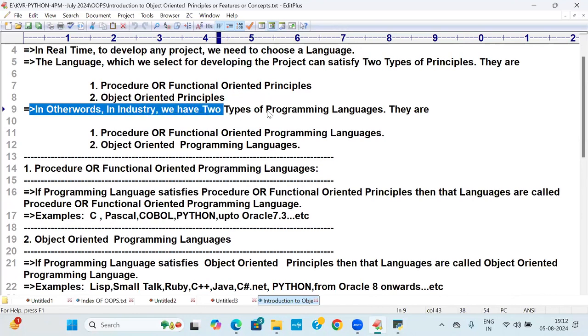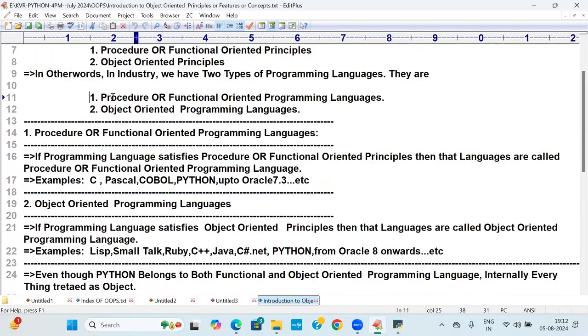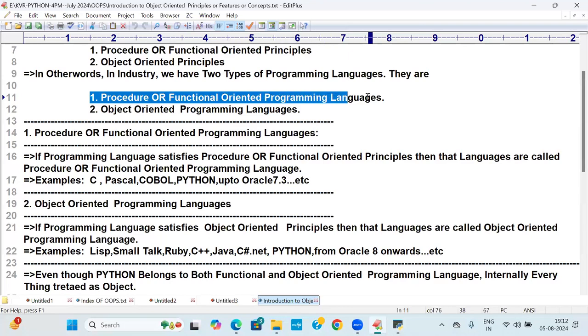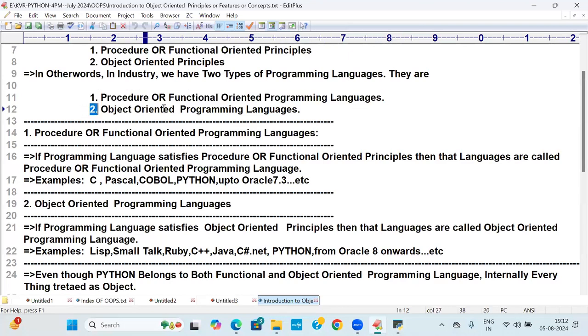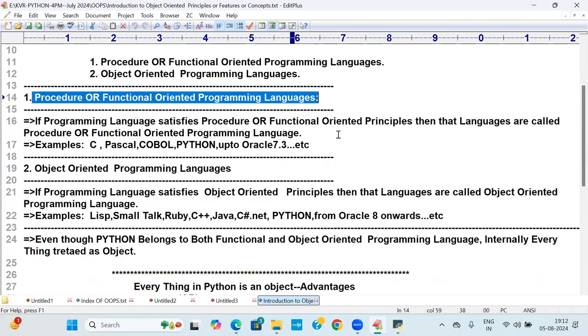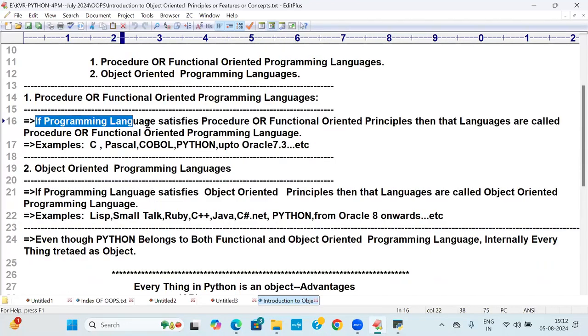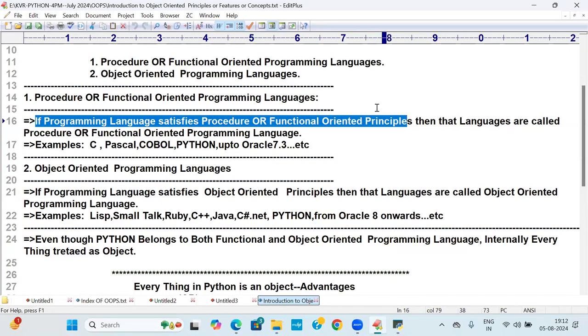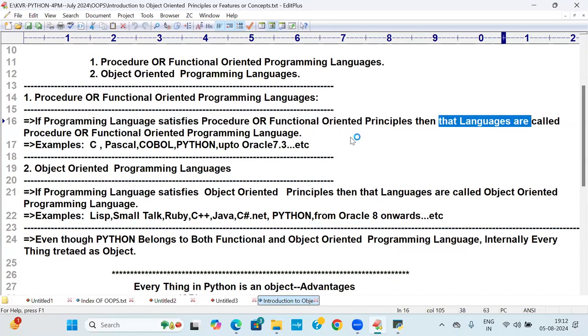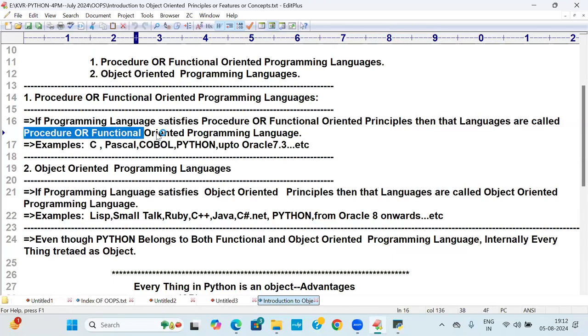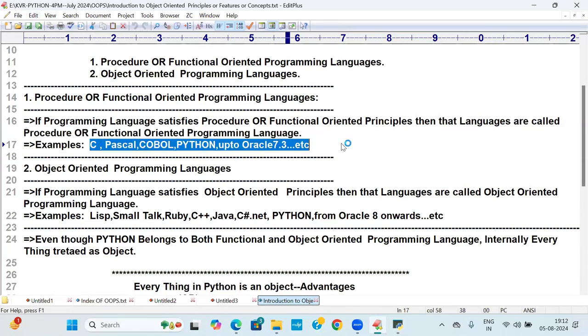In other words, we have two types of programming languages: procedure or functional oriented programming languages, and object oriented programming languages. If any programming language satisfies procedure oriented principles, then that language is called a procedure or functional oriented programming language. C, Pascal, etc. are called what?